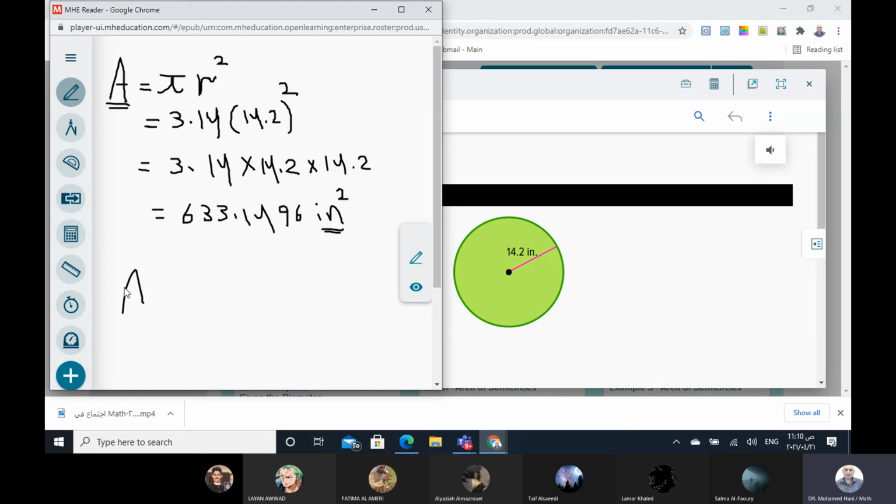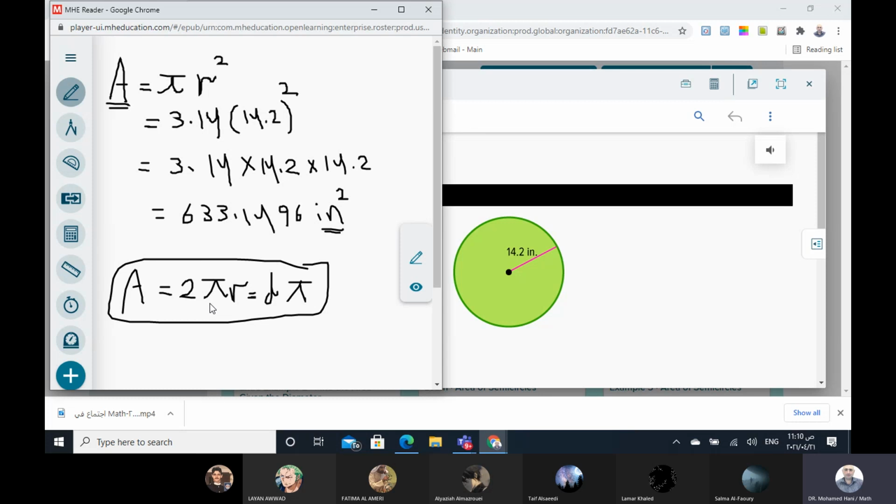But this formula, 2 pi r or pi d, this is for circumference. This formula to find the circumference and this formula to find the area. Okay? Okay, Master, thank you. Welcome.